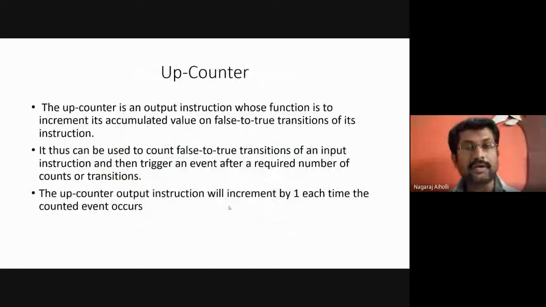The up counter, next one. Up counter is an output instruction whose function is to increment its accumulated value on false to true transition of its instruction. Whenever the up counter instruction goes from false to true state, the up counter output will also start to increment.